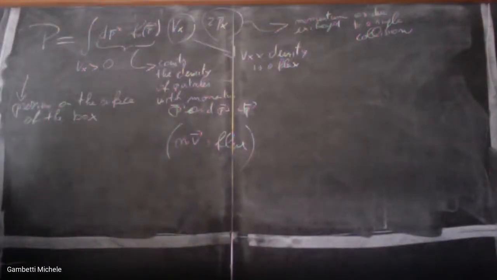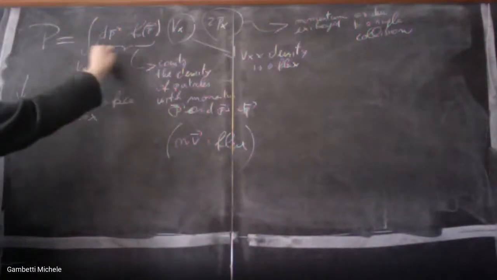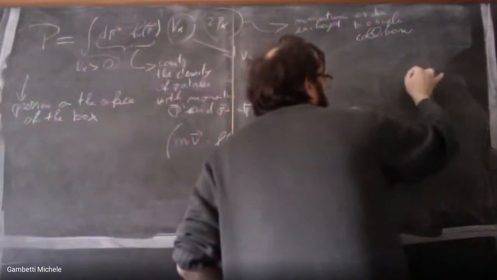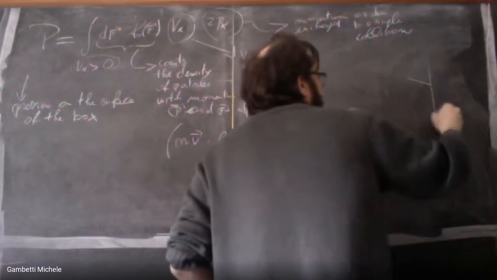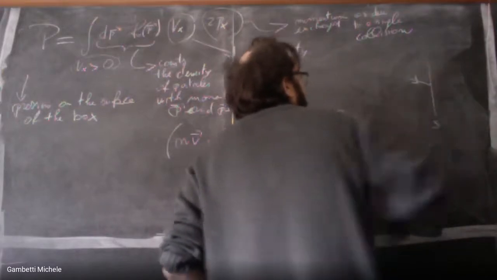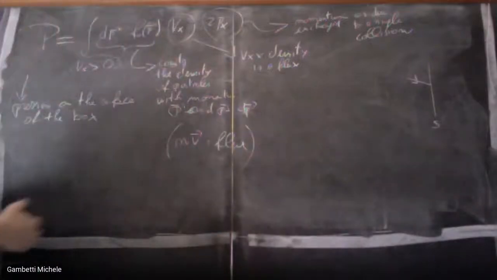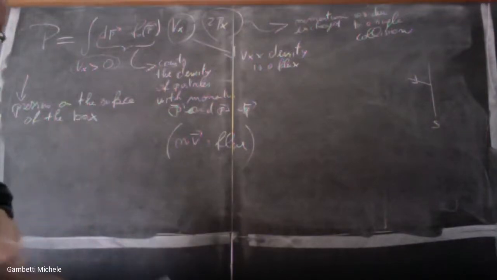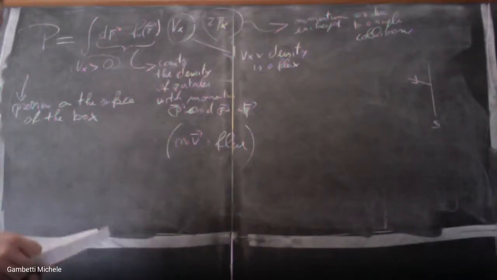And the other thing that I have to comment on is this one, that of course is true because only the particles that have a velocity in the x positive direction contribute to the pressure of this surface. Okay. If we have a particle that travels in the opposite direction, we don't get any contribution. Okay, so I'm going very fast on this because we have done it in the past. That's why I'm not spending too much time. Okay?